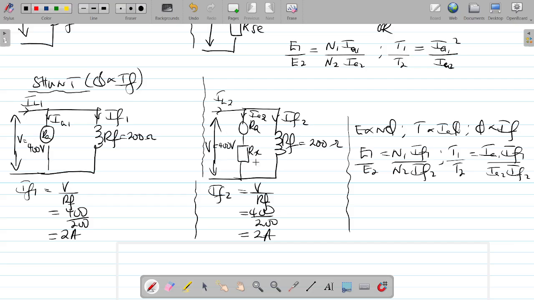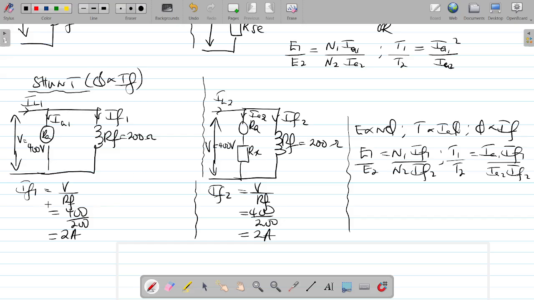Now the only thing which has happened is a new resistance was added in series with the armature, but the field was not affected. The original field resistance, they did not add a new resistance. So when you find your field current IF1, you will notice it will also be the same as your IF2. So in a shunt circuit, they typically just add this resistance here.